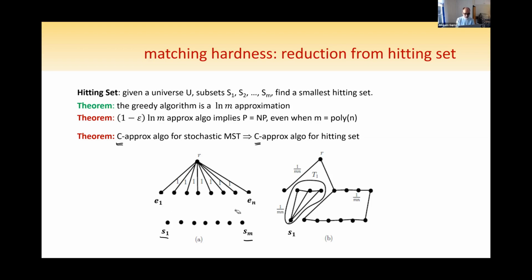So here's the thing. I'm going to create a stochastic instance where on the first day, this is all you can buy. You can't buy any of the edges downstairs. And on the second day, for a set S, so I'm going to pick one of the sets at random, I'm going to connect it to all its elements.